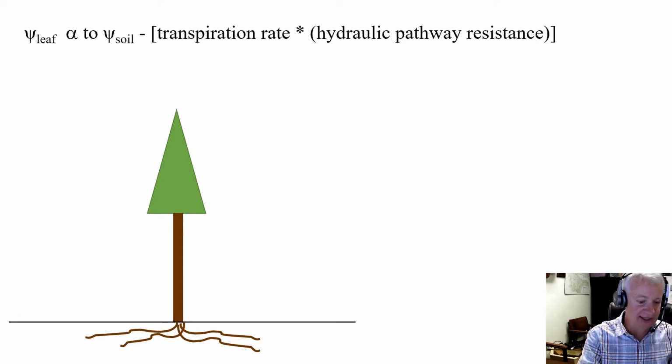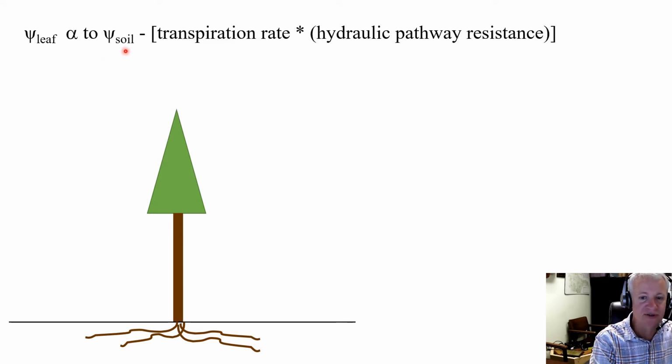So let's look at this, where water potential of a leaf is proportional to, that alpha just means proportional to, and you can think of this almost as an equal sign, but the units don't really work out. So proportional to is the best way to think about that.